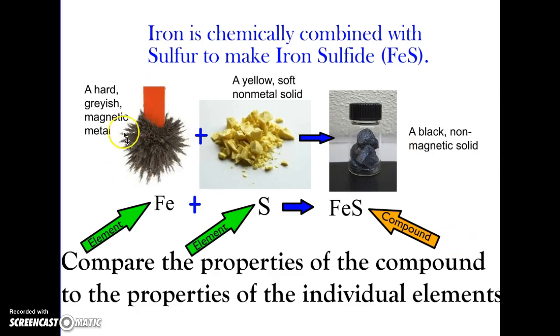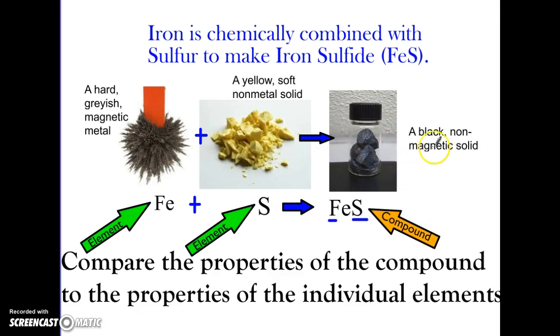Here's another example. Iron all by itself is a gray hard metal that's magnetic. This is an element, one uppercase letter. Sulfur, I've showed you before. Sulfur is a soft non-metal solid that's yellow. Sulfur is an element. But when these two are chemically combined, they make something called iron sulfide. And I can tell this is a compound by the symbols because there's two uppercase letters.